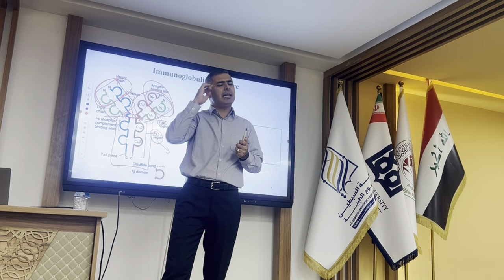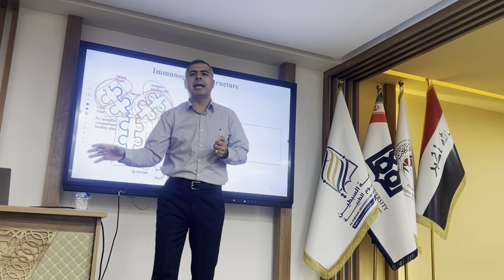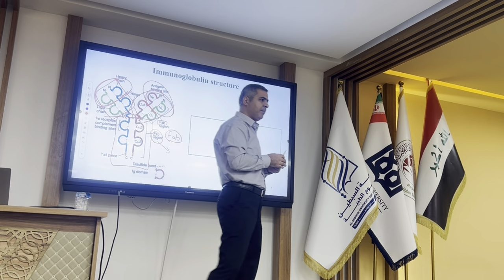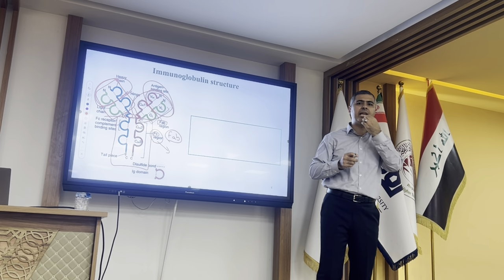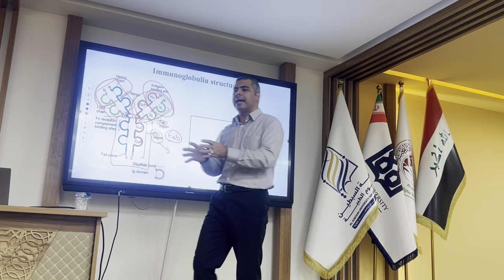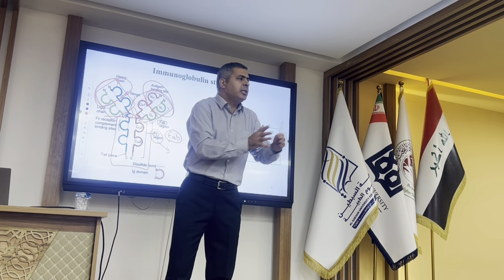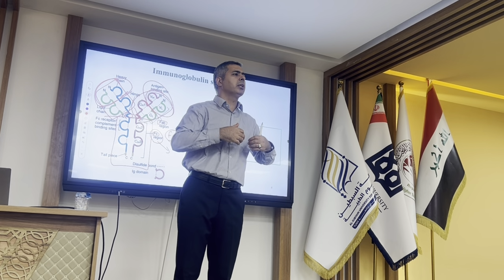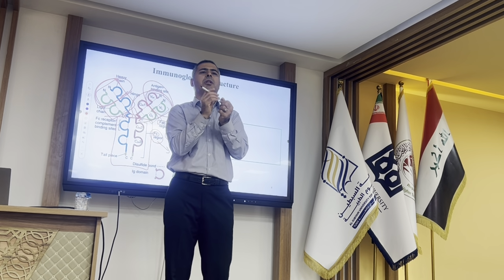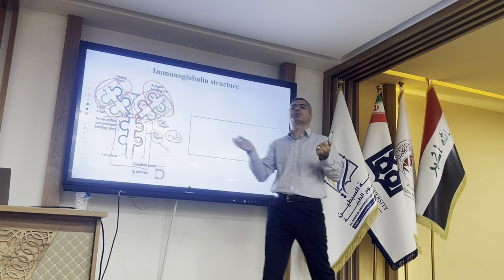Indeed, it is said that opsonins make the antigen delicious for the macrophage or phagocytic cells. So opsonins are any substances that make the antigen delicious for phagocytic cells, or indeed facilitate phagocytosis. One function of antibody is that they are opsonins.